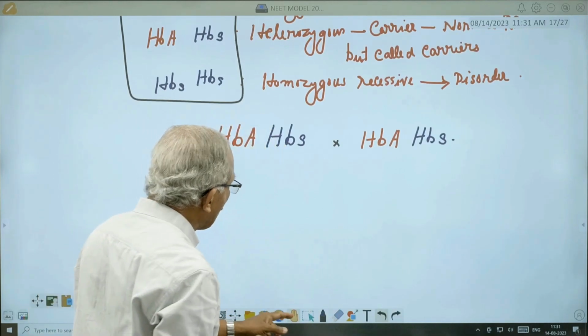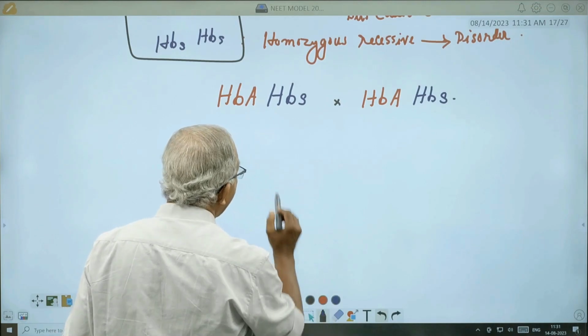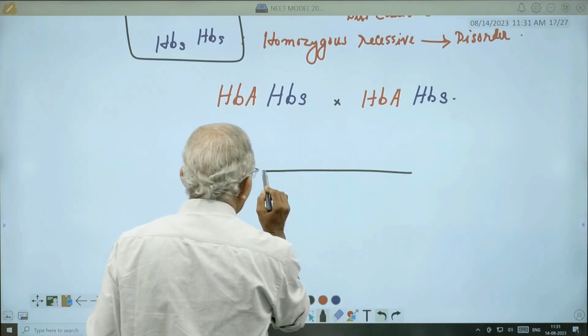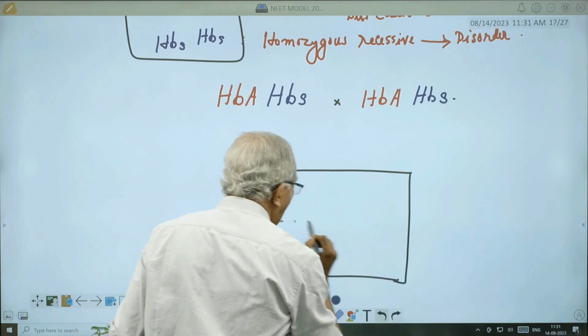We can make use of a checkerboard, as we saw in an earlier question, to show the gametic fusion.